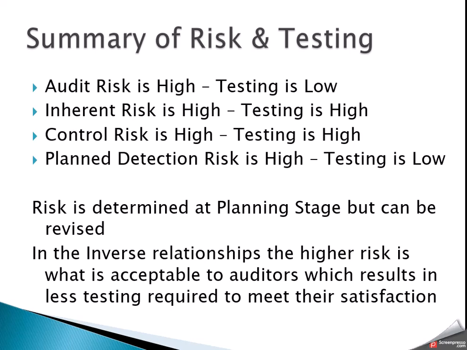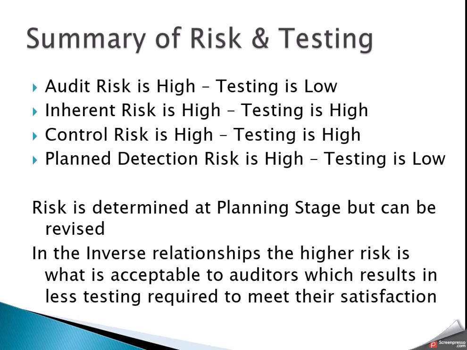We're going to want to get more comfortable with the financial information. The same thing with control risk, which deals with their internal control procedures. When that's high, testing is high. And when planned detection risk is high, then our testing is low. Again, it means we're willing to tolerate more of a possible error, so we don't have to test as much.